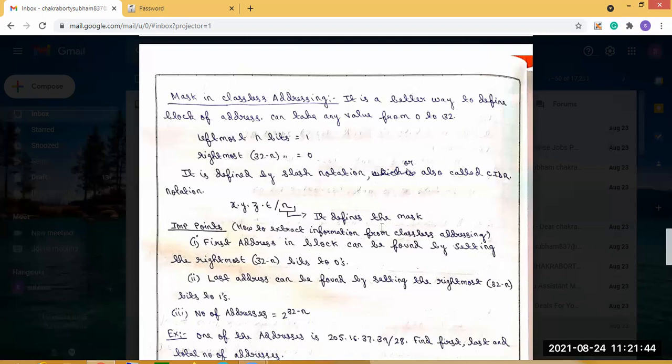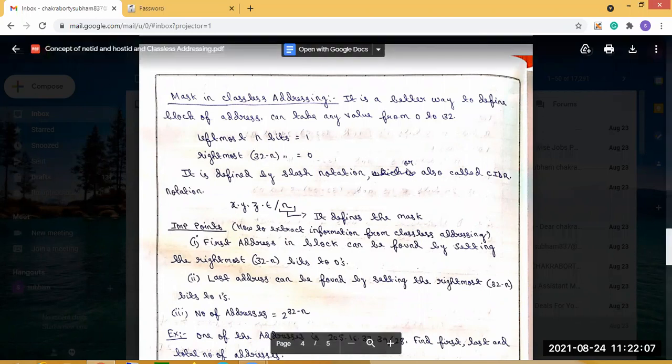Next, the last address can be found by setting the rightmost 32 minus n bits to ones. And the total number of addresses is 2 to the power 32 minus n.